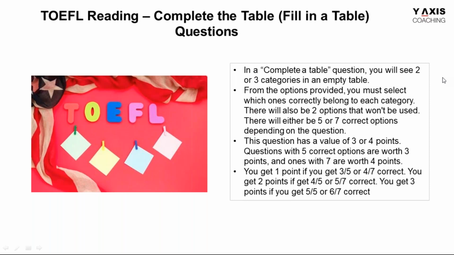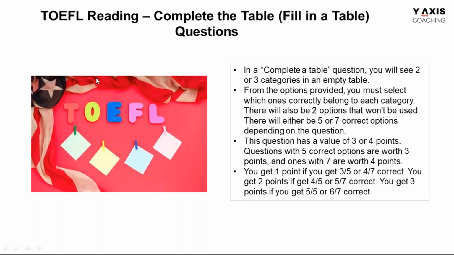And this question will be of score value 3 to 4 points. So, if the question has 5 correct options, then it is 3 points worth. And if the question has 7 options to be filled correctly, then it is 4 points worth.